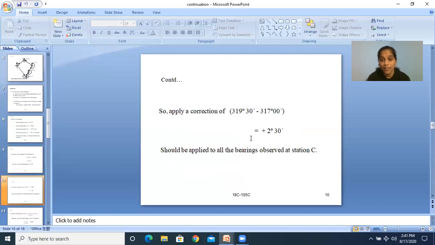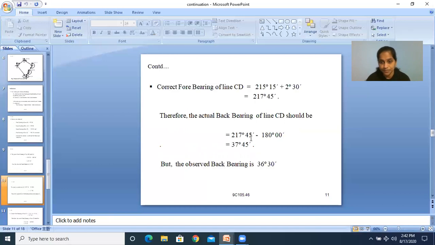So that is minus 2 degrees 30 minutes, the magnitude of error, and then we have to add plus 2 degrees 30 minutes for the next station, to all the bearings observed at station C. So what are the bearings observed from station C? From station C we have observed the forebearing of CD and the back bearing of BC.